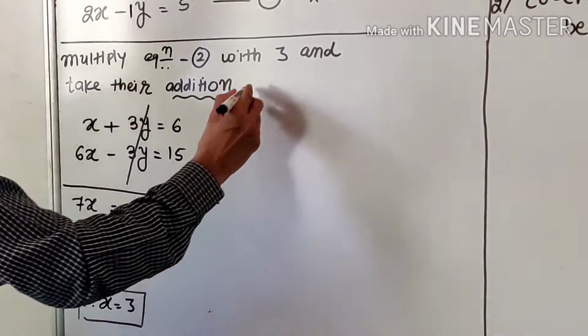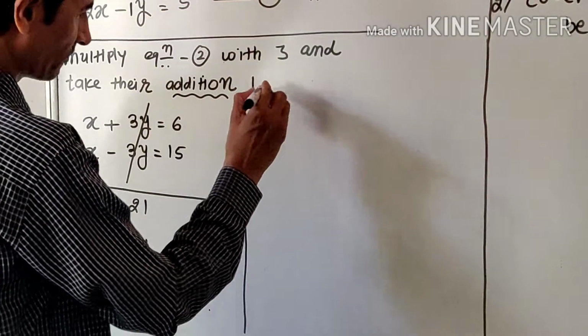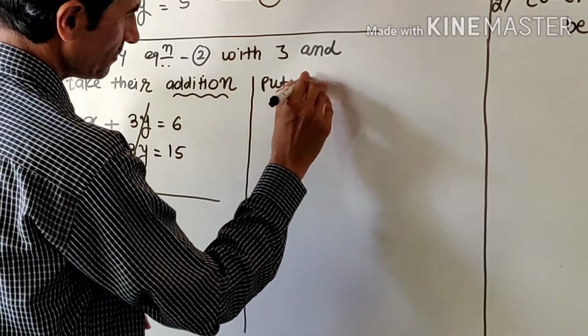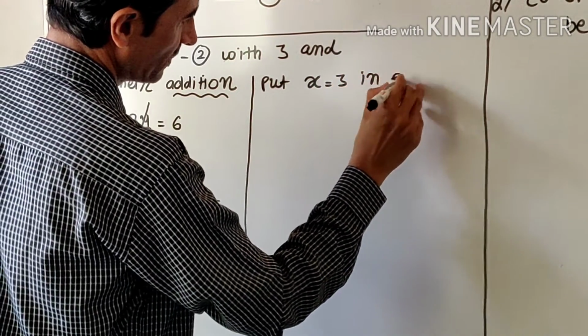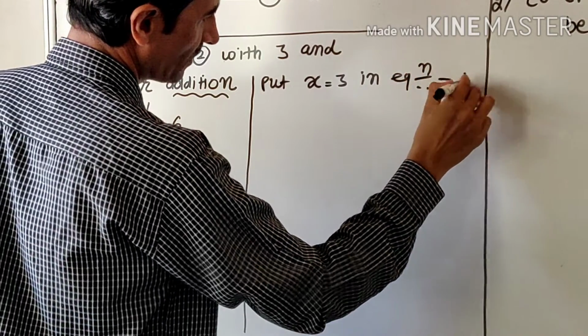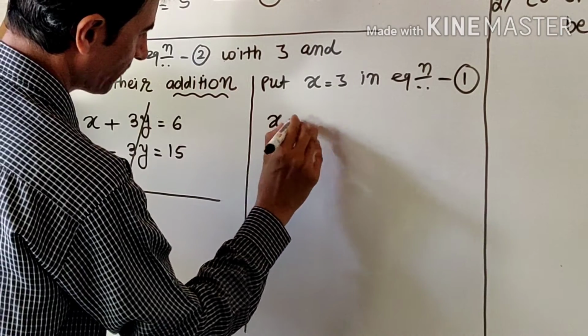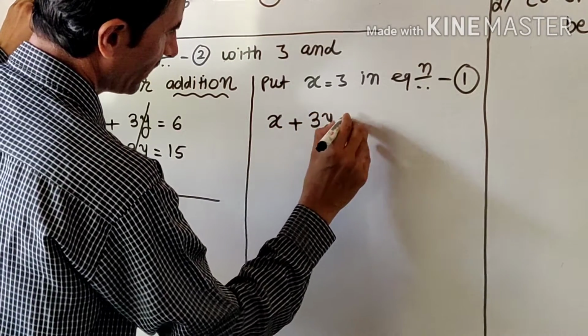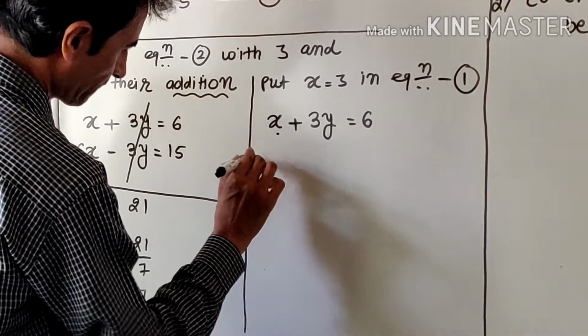Now whatever the value of x, I want to replace it in any equation. Now put x is equal to 3 in equation number 1. First of all I write down the equation: x plus 3y is equal to 6. Instead of this x I replace 3.